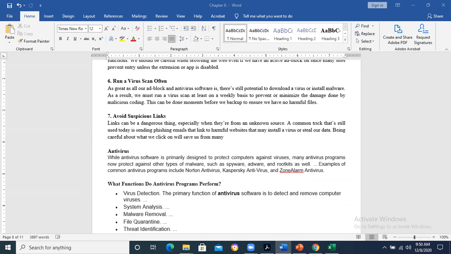Chapter 4 is the most important chapter, chapter 4 and 5, because chapter 4 contains the technical things. And if you go to the past papers, you will see that most of the portion is from that chapter.